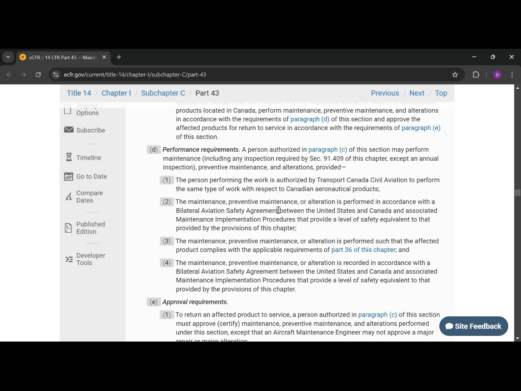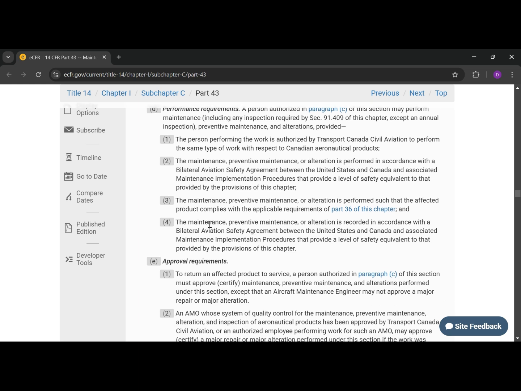The maintenance, preventive maintenance, or alteration is performed in accordance with a bilateral aviation safety agreement between the United States and Canada and associated maintenance implementation procedures that provide a level of safety equivalent to that provided by the provisions of this chapter.